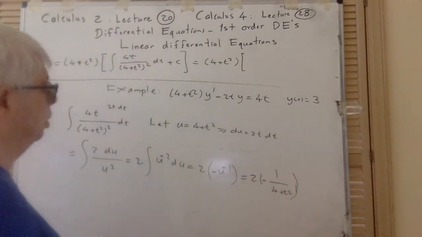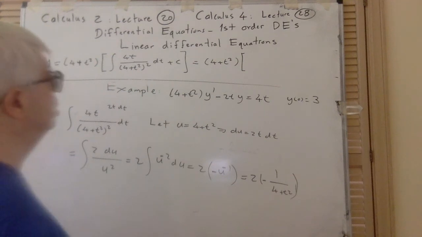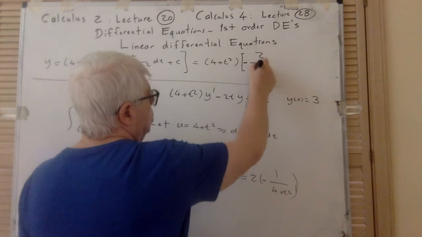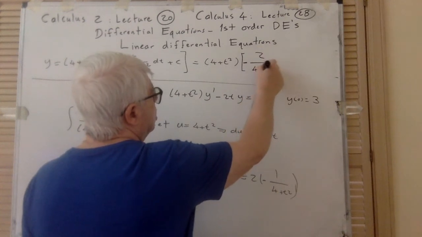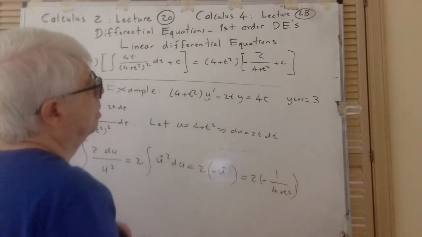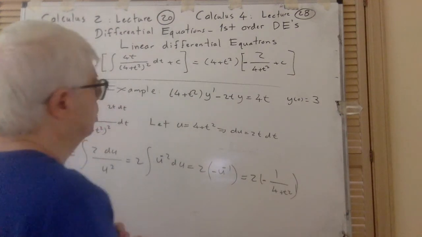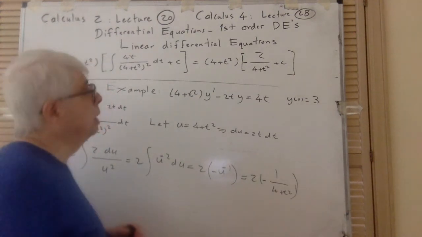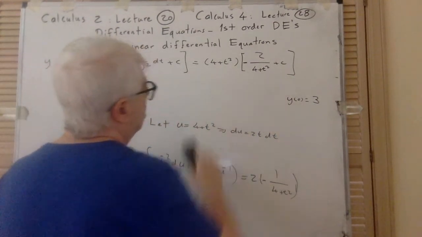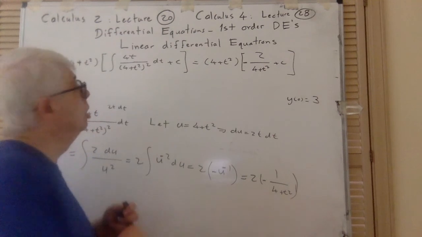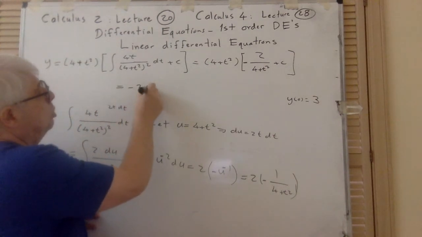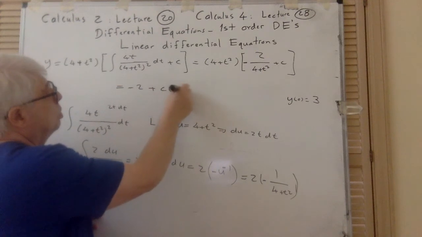So the inside will be minus 2 over 4 plus t squared plus a constant. If I expand this, it will be minus 2 plus c times 4 plus t squared.